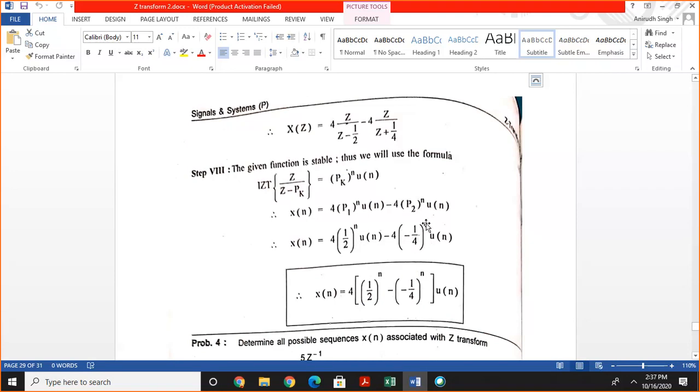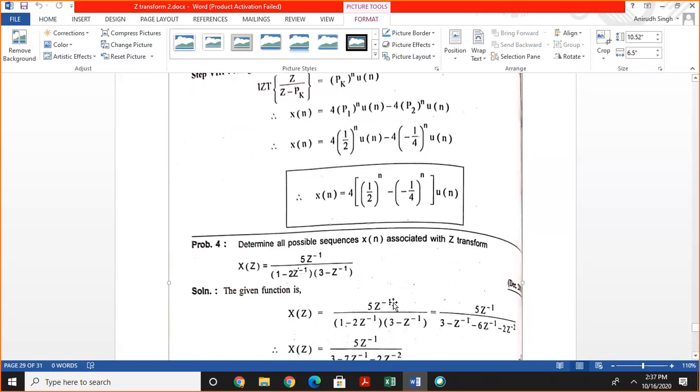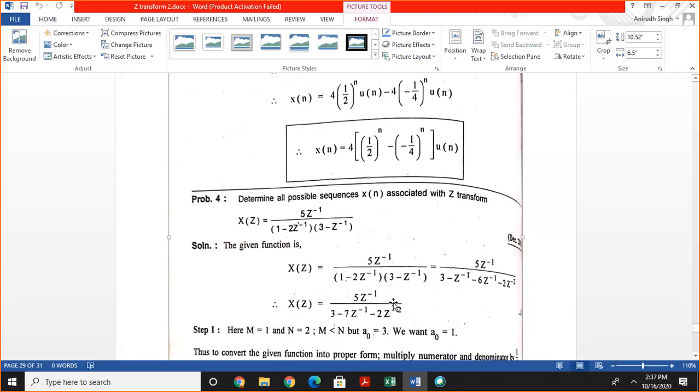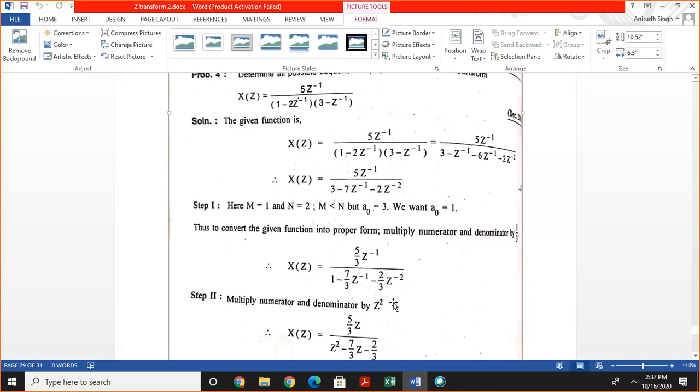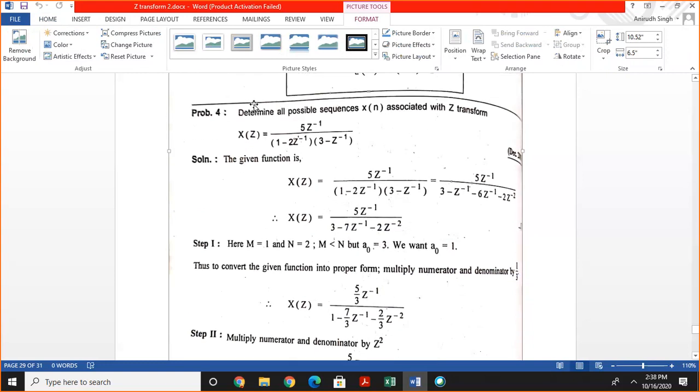Similarly, we calculate the value of a2. The value of a2 is minus 4. And we get the final expression: X(z) is given by 4z divided by (z minus half) minus 4z divided by (z plus 1/4). Since x(n) is a causal function, we can use this standard formula.